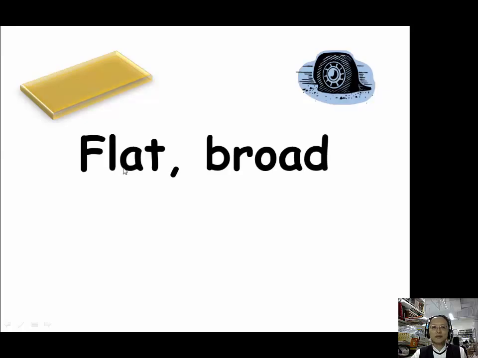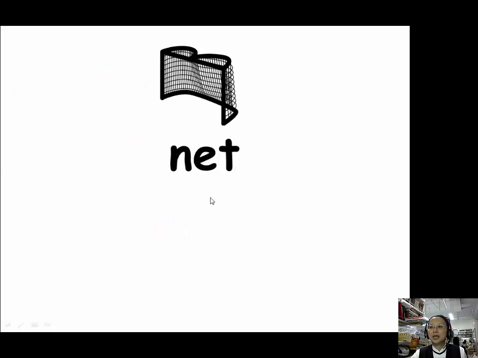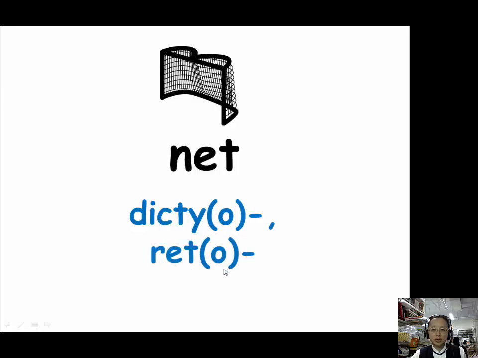For things that are flat and broad, we use platy, P-L-A-T-Y. For things that look like a net, we use dictyo, D-I-C-T-Y-O, or reto, R-E-T-O.